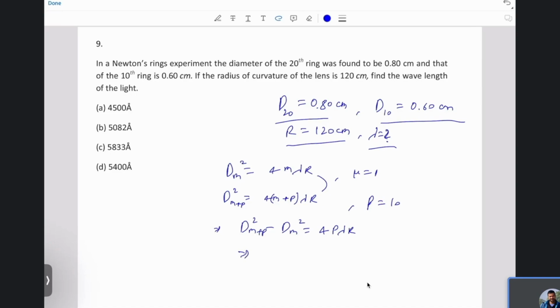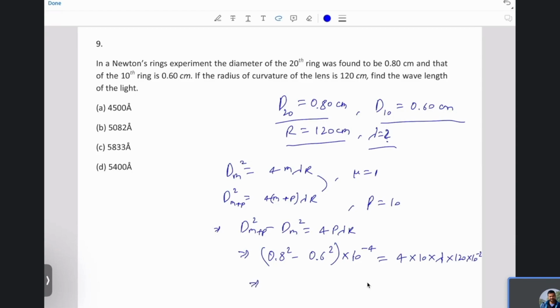Okay, so you can just put in all the information that you have now. So D(m+p) square is 0.8 square minus 0.6 square. These are in centimeters, so we have to multiply by 10 to the power minus 4 to get it in meters. Then you have 4 into 10. You need lambda, the wavelength of light, and the radius is given as 120 centimeters, so again 10 to the power minus 2.